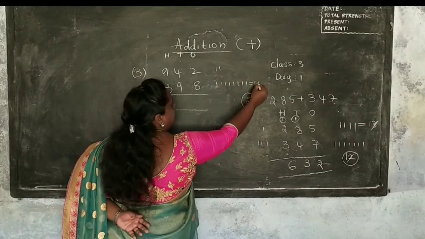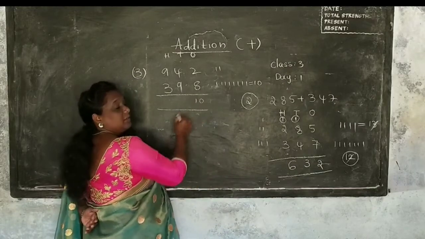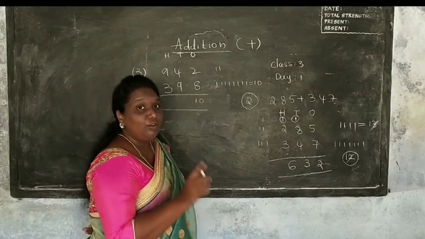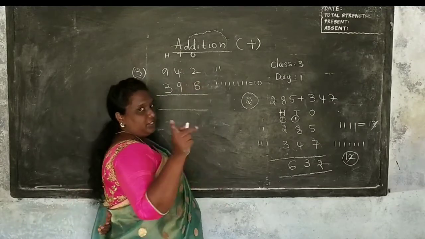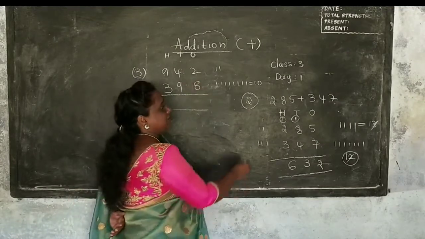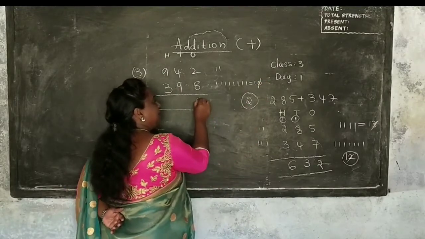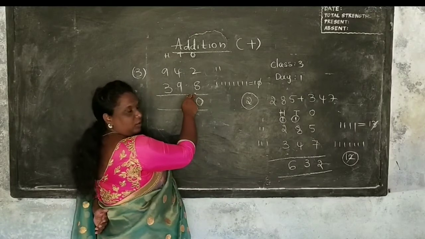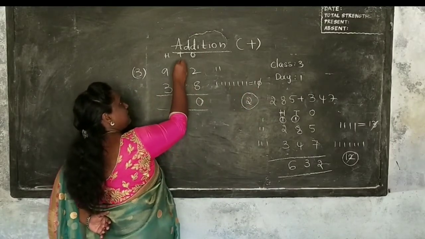We got 10 here. So can I write 10 here? Is it correct? No, it is wrong. What we should do? Your guess is correct. First you have to write 0 under the 1's column and we should carry 1 to the next column, that is 10's.